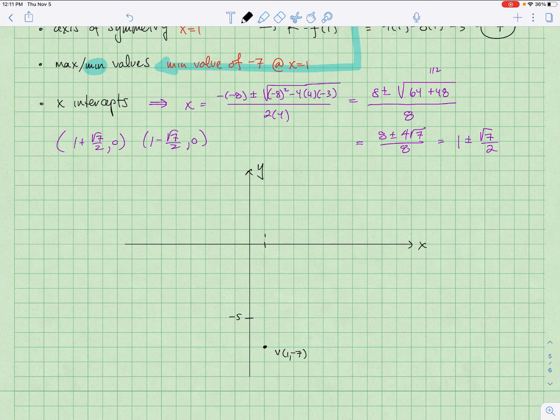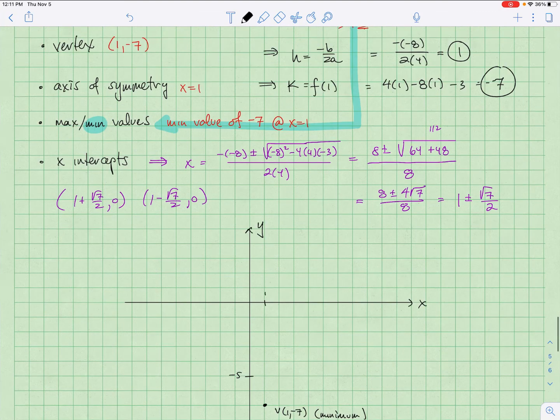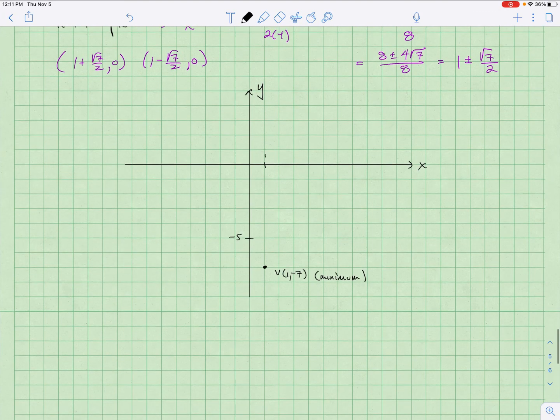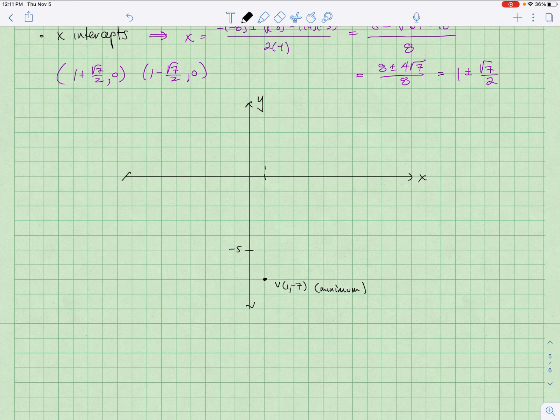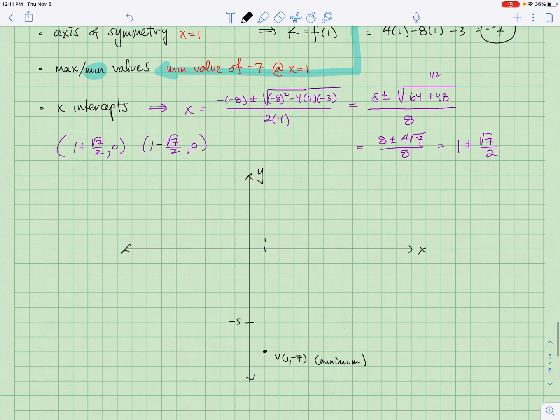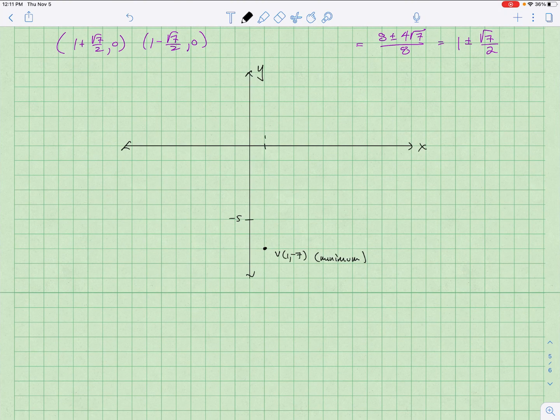It's also my minimum because I know that the parabola opens upward from the a value. The y-intercept is negative 3, so that's (0, negative 3). I'm going to put my axis of symmetry in here now. That's usually a good time to get it in. That is our AOS, and it is x equals 1.